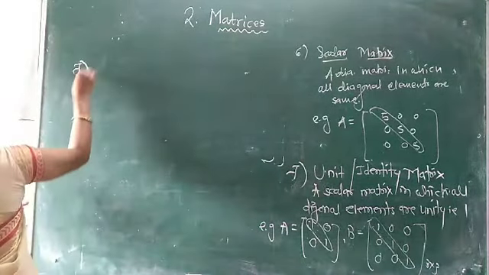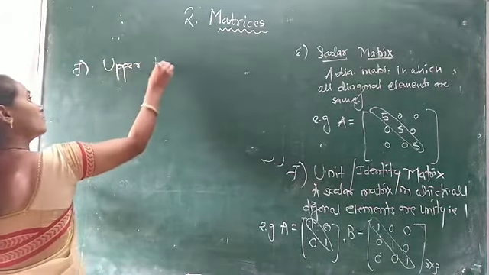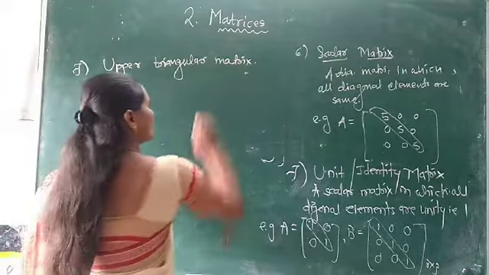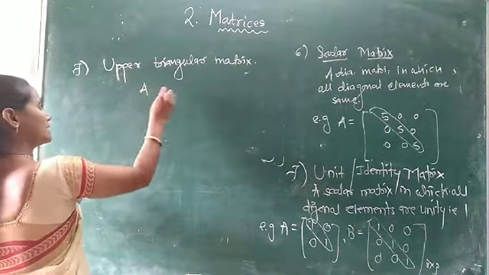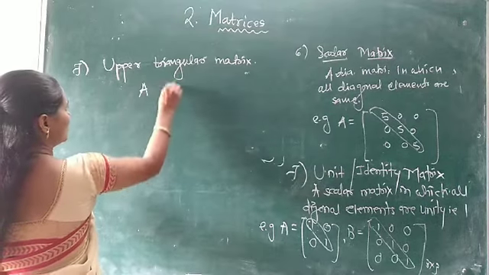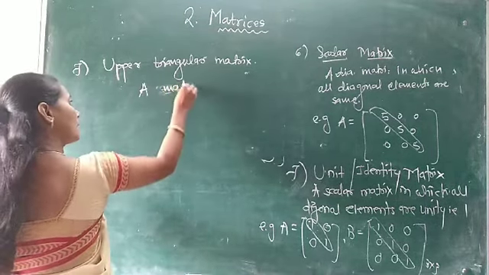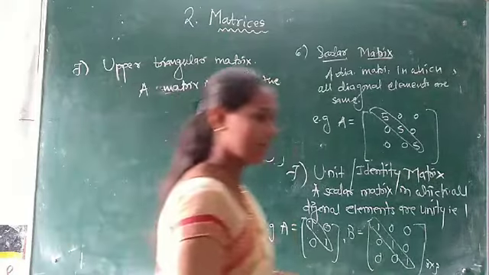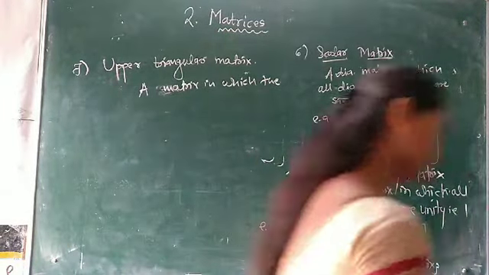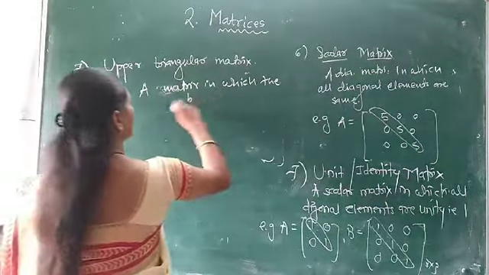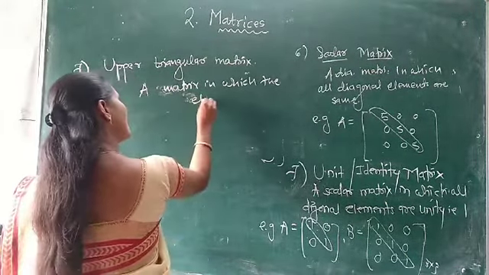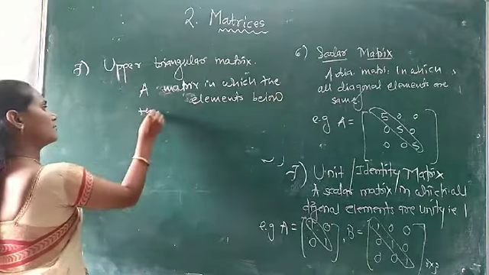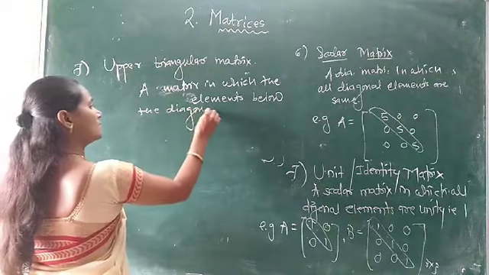Upper triangular matrix. A matrix in which the elements below the diagonal are 0.